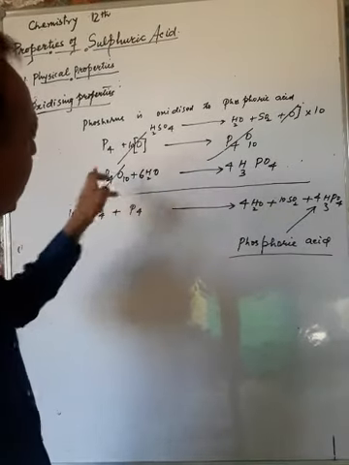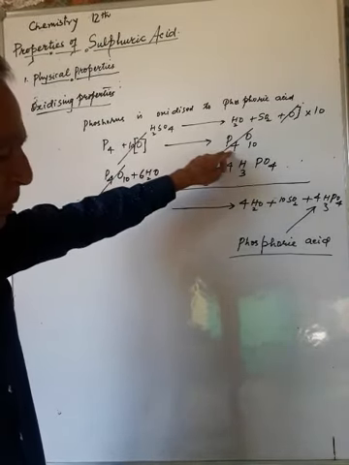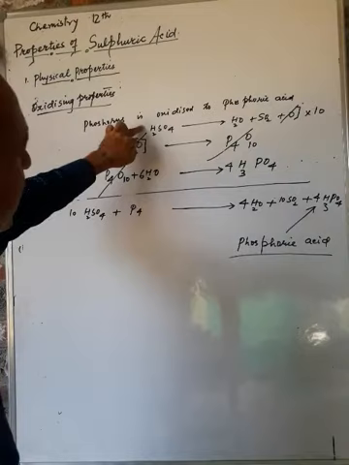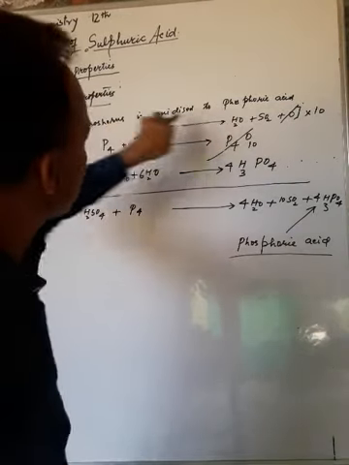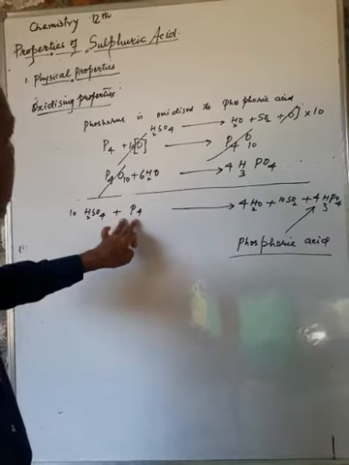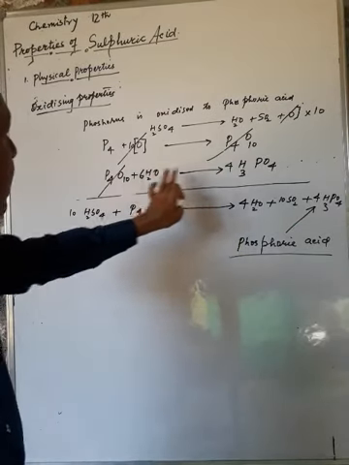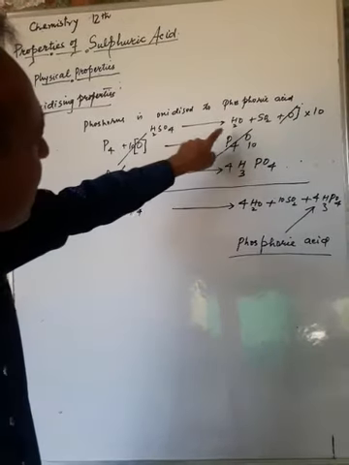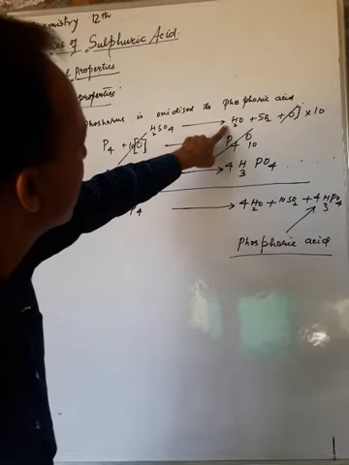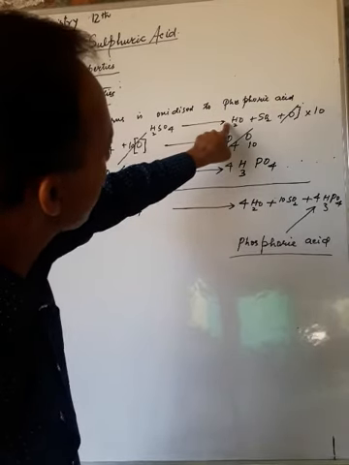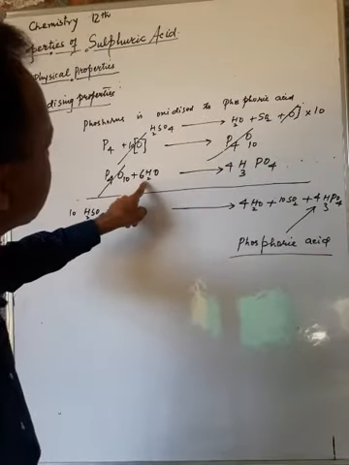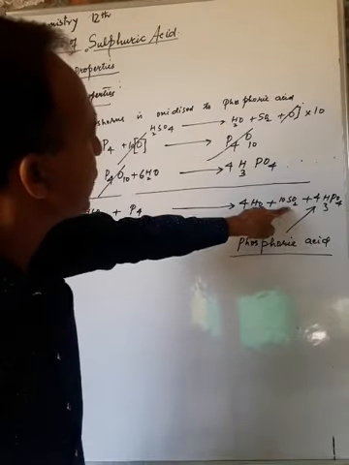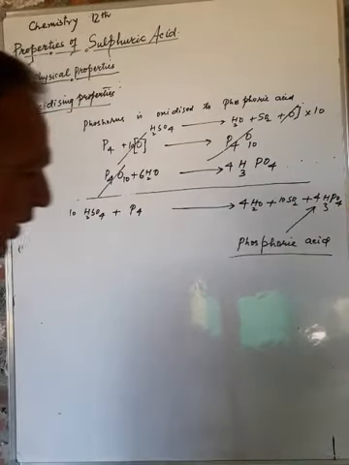P4O10 on the reactant side and product side cancel, and we have the overall reaction: 10 H2SO4 plus P4 gives 4 times water plus 10 SO2 plus 4 times H3PO4, phosphoric acid.